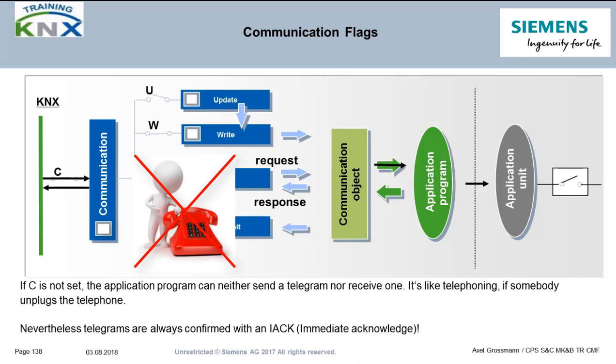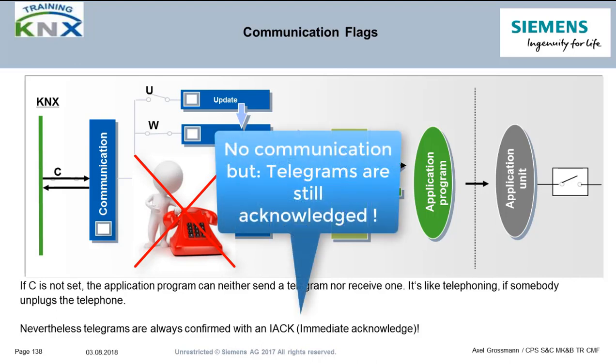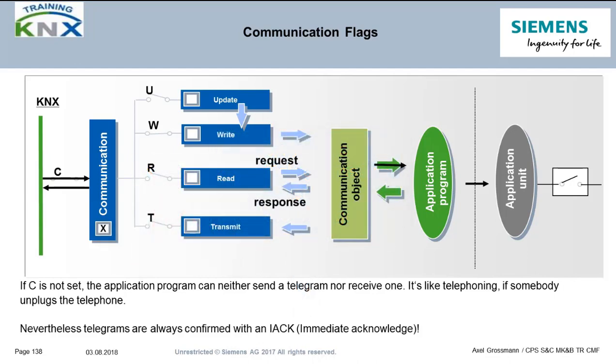Nevertheless, telegrams received by such a bus subscriber with deactivated C flag are always acknowledged when the target group address is in its address table. This is because there are different levels in the bus coupling unit. The first level checks telegrams for general consistency, and the next level checks telegrams for the destination address.